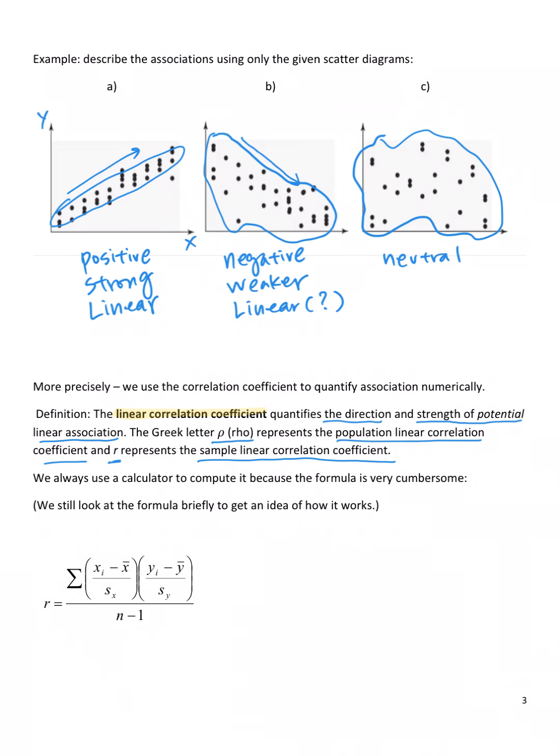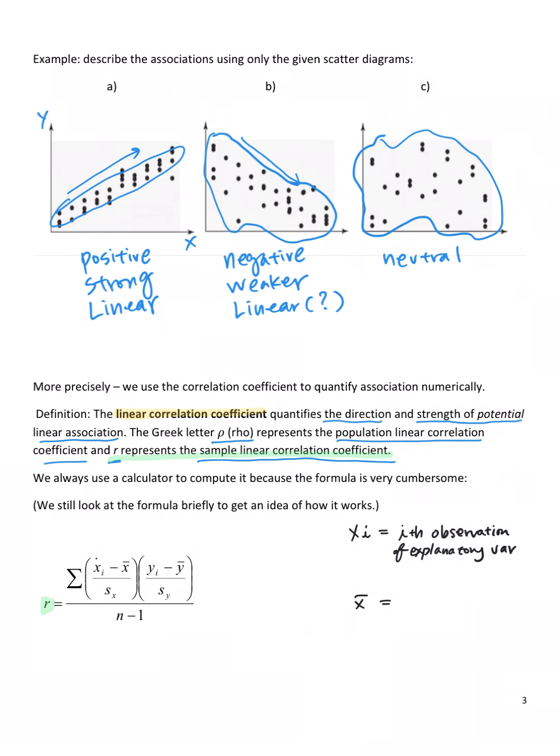So the formula for R, and we're going to focus on the sample linear correlation coefficient, R. So R equals the sum of the ith observation, xi, which is the ith observation of the explanatory variable, minus the sample mean of the explanatory variable, x bar.